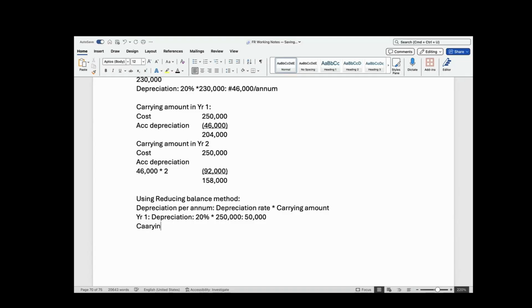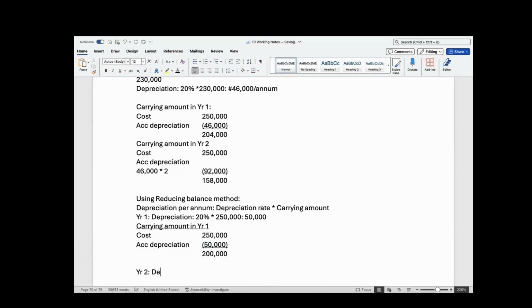So in year one, my carrying amount under this method is cost, which is 250,000, minus accumulated depreciation, which is 50,000. So my carrying amount at the end of year one is simply 200,000.